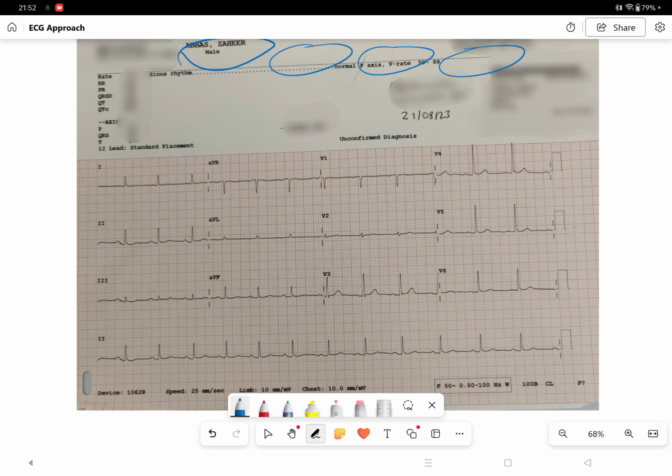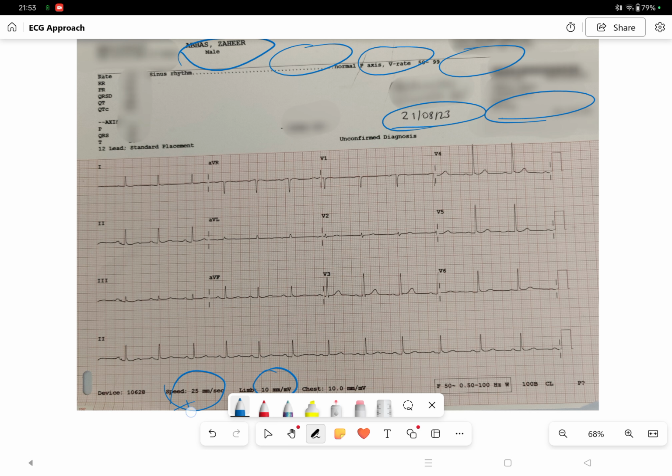Now, next thing we want to look at is the date of the ECG and the time. Usually that will be written somewhere next to it or nearby. The last thing I typically then will look at is the speed at which the ECG was conducted, as well as the voltage at which it is conducted.